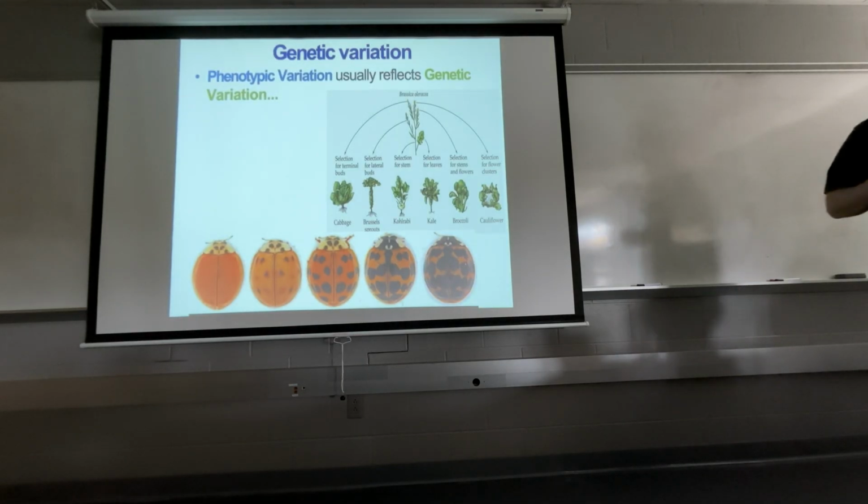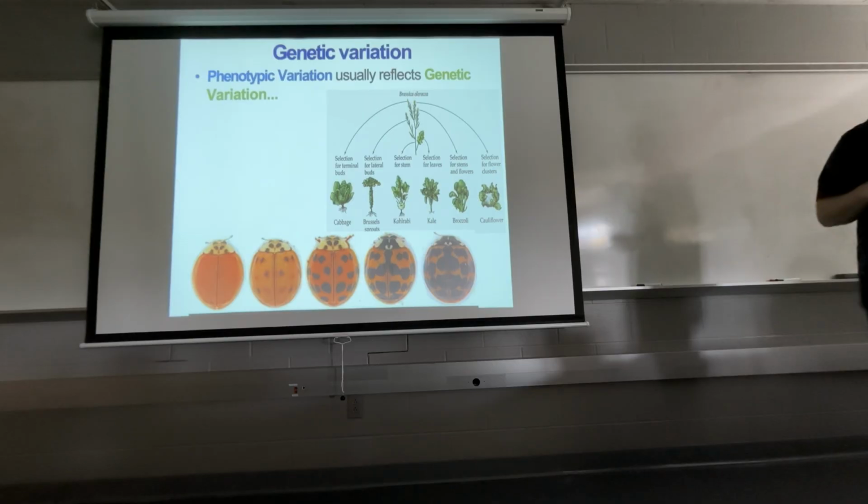Okay, so if you look at a population of ladybugs and you were to pull them out and find all of the variation you see, you might see something like this. So there is lots of phenotypic variation typically within a population, which remember is a single species that can interbreed. We know that most, not all, but most phenotypic variation is controlled by your genes, what alleles you have.